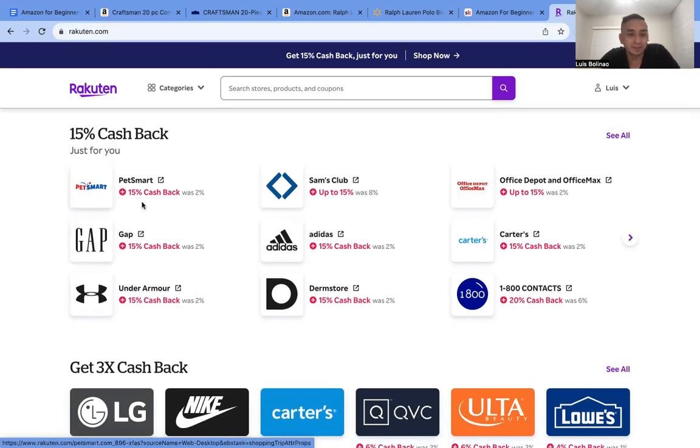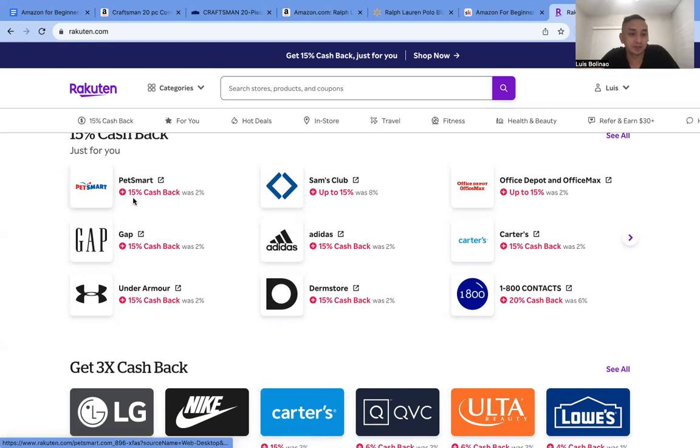So you can use, I don't know, like a 5% cashback credit card, right? And then from here, we go to PetSmart and you use this cashback from PetSmart. So now you're getting 20% cashback from your purchase.